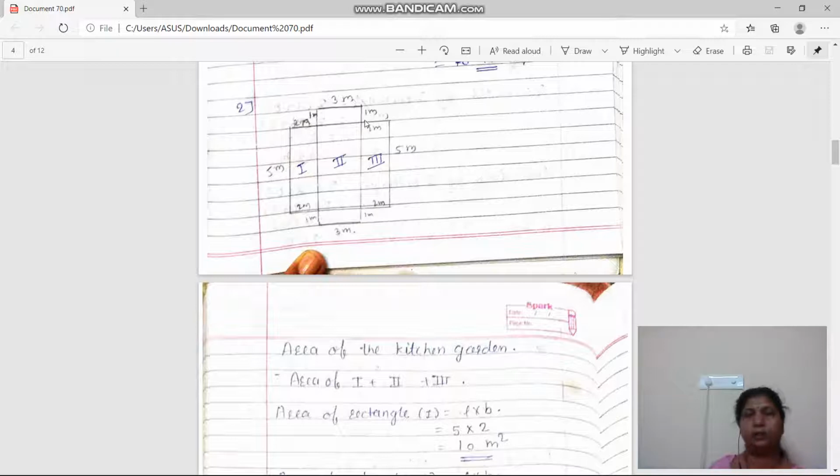From this point to this, it is 1 meter plus this 5 meter plus this 1 meter. What is the total length? 7 meter. Clear? Okay, now we will calculate the area.